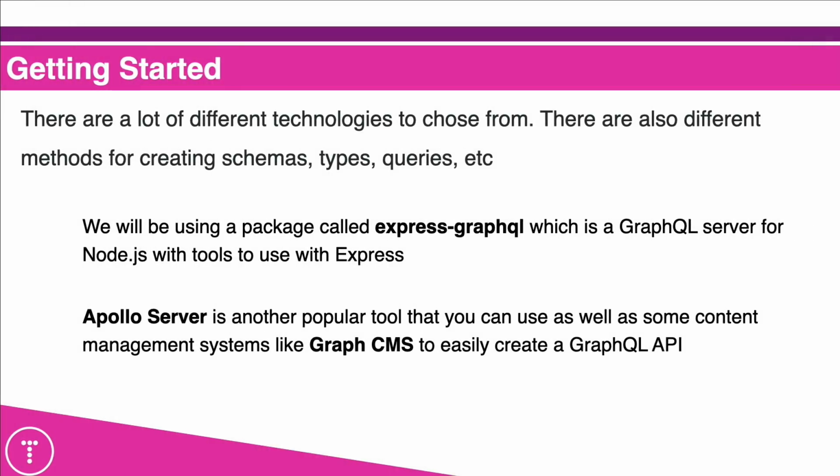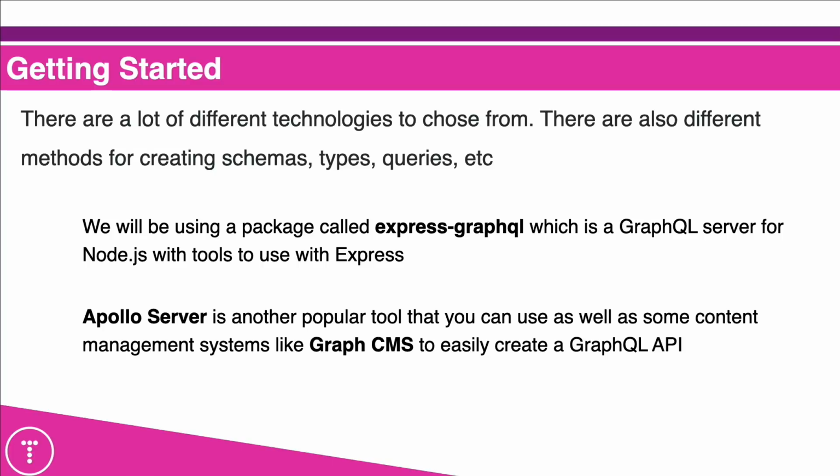Now, when it comes to setting up GraphQL, there's a lot of different ways to do it, a lot of different technologies. What we'll be using is a package called Express GraphQL, which is a GraphQL server for Node.js with tools to use it with Express. There's also Apollo Server, which is another popular tool that you can use, and a lot of people use that with other JavaScript frameworks as well.